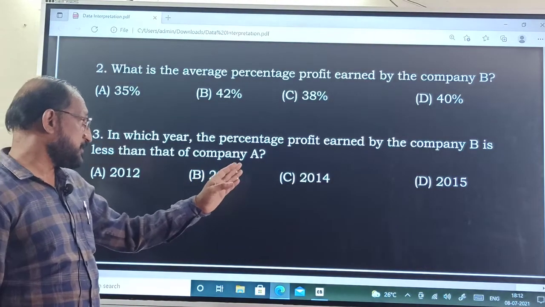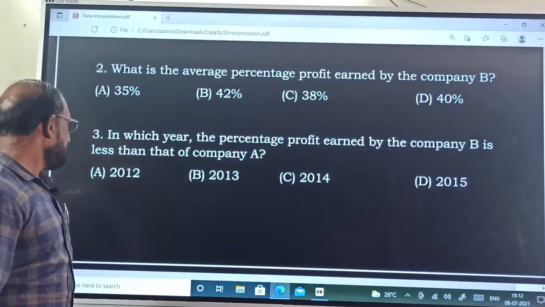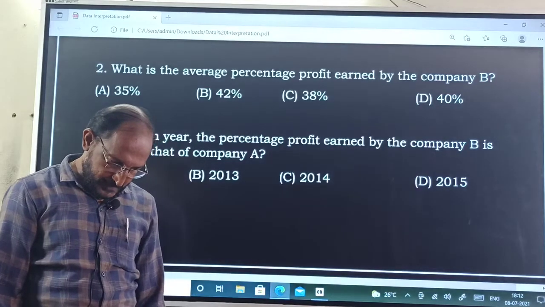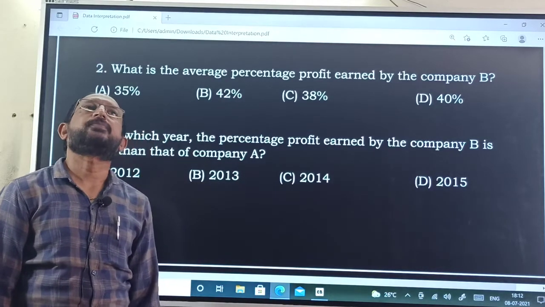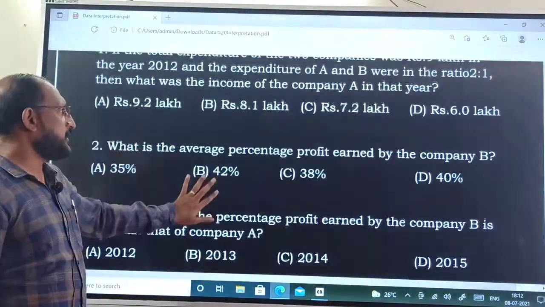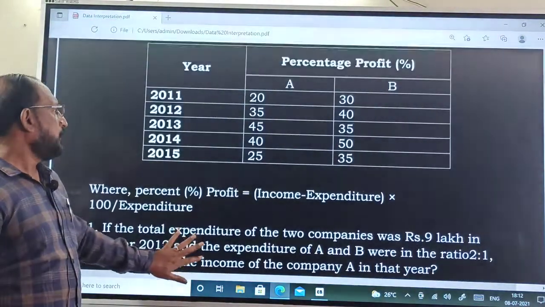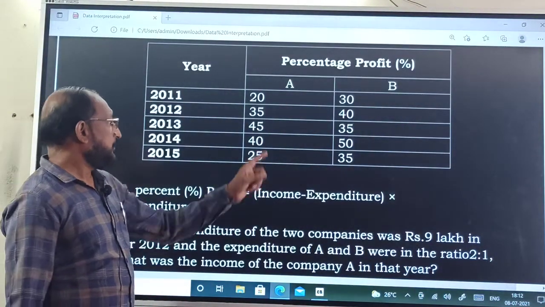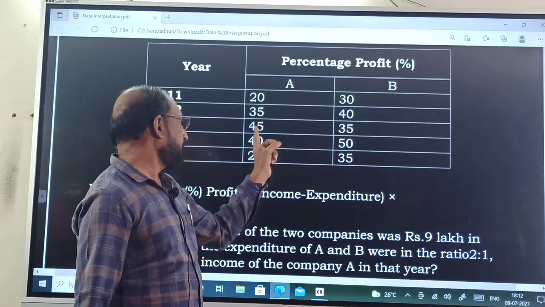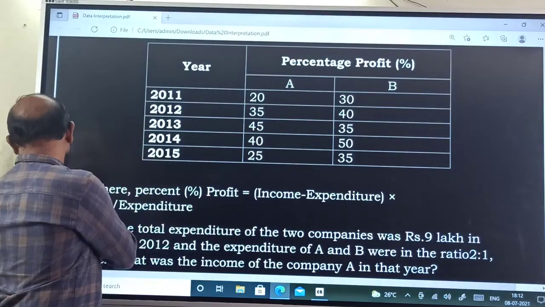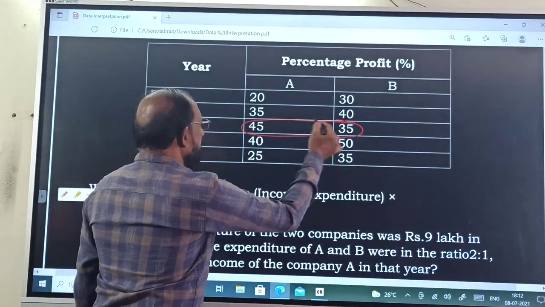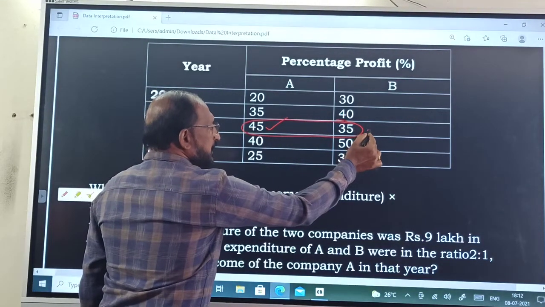Just look at the table. In 2013, company A is 45 and B is 40, which is less.